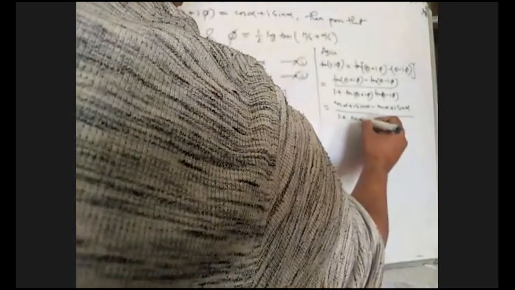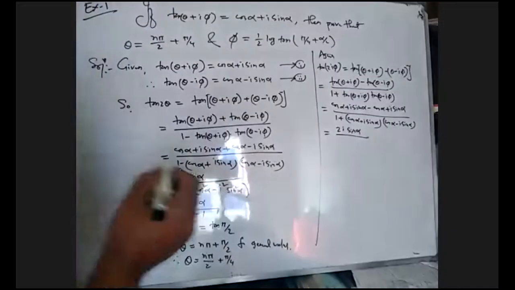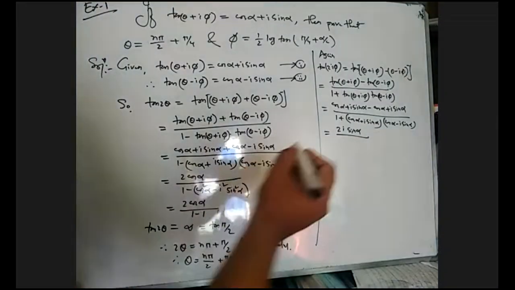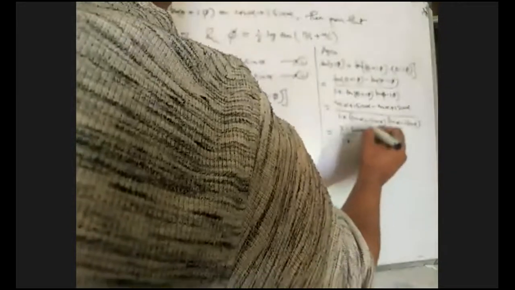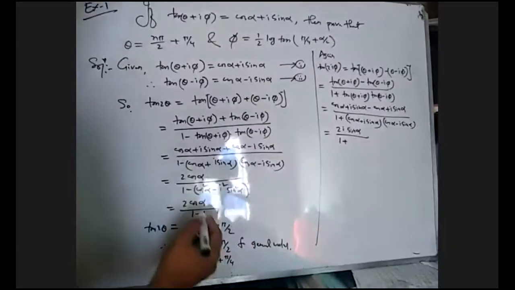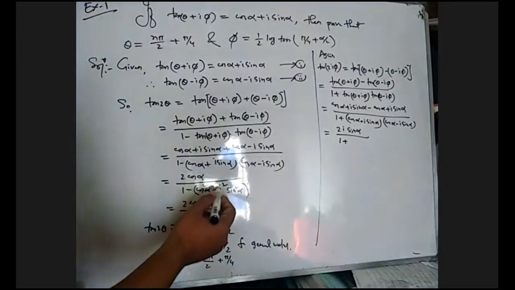Cos α plus i sin α, cos α minus i sin α. Here twice i sin α, and cos α will be cancelled. So 1 plus, this will be the A square minus B square formula, cos square α minus i square sin square α, but i square equals −1.